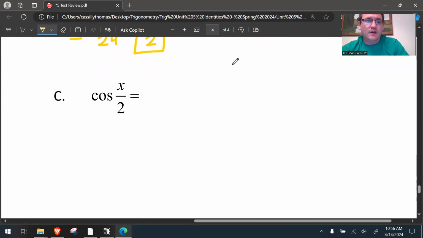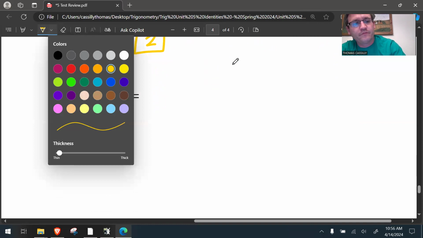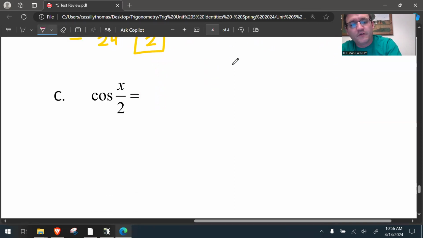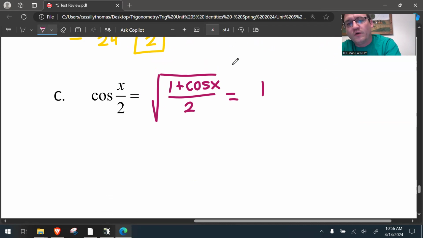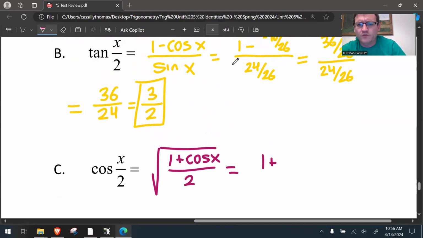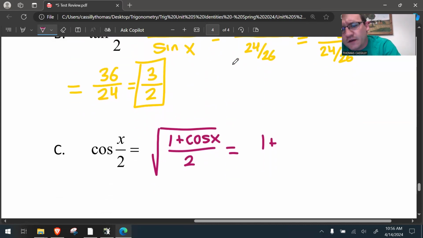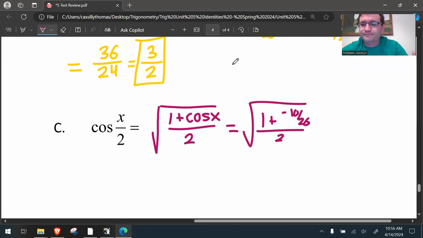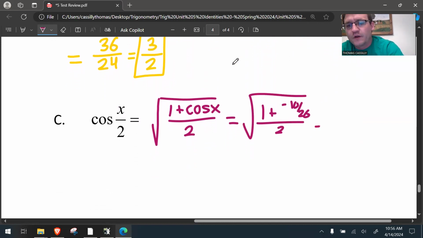And then the cosine of x over 2. This one, again, plus or minus, but we've already established that it ends up being the positive value. So square root of (1 plus your cosine of x) all over 2 ends up being 1 plus the cosine value, which was negative 10/26, all over 2. 26 minus 10 is 16.